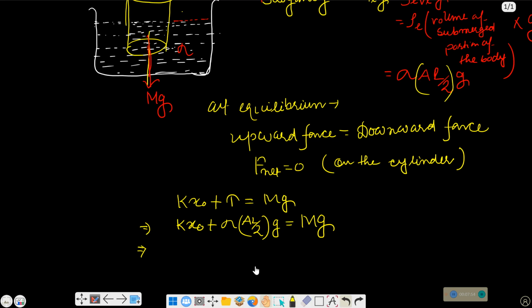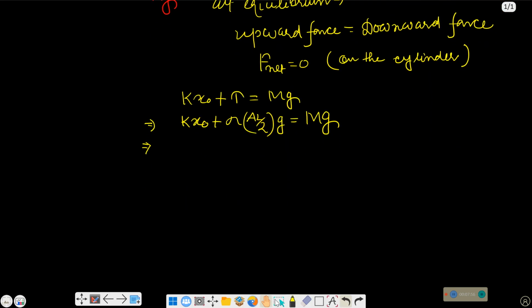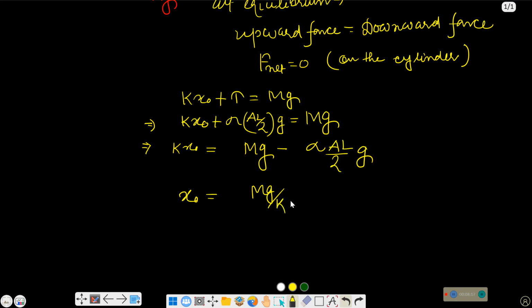From this, let us calculate: kx naught is equal to mg minus sigma A L by 2 into g. So x naught is equal to mg by k minus sigma A L g by 2k.